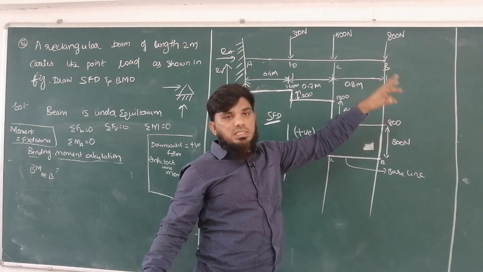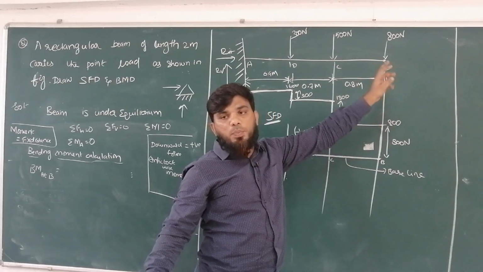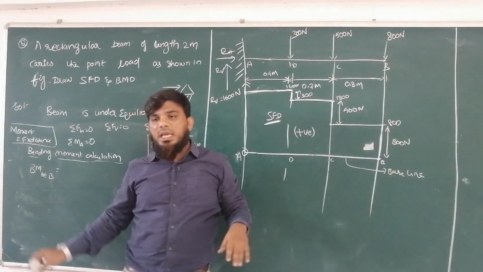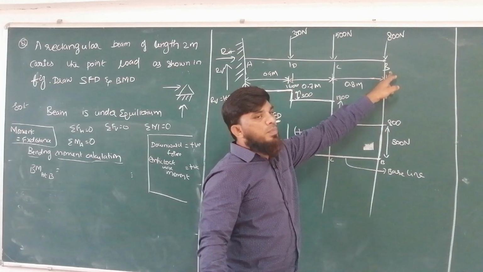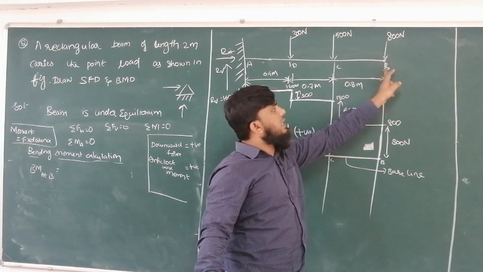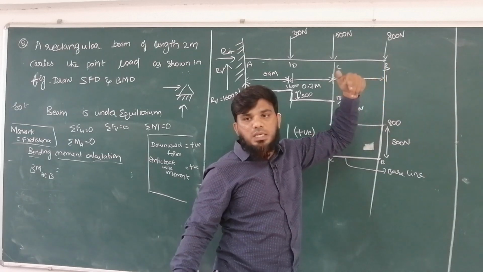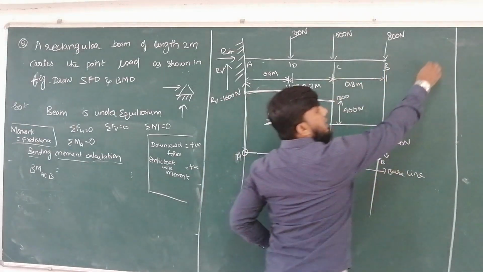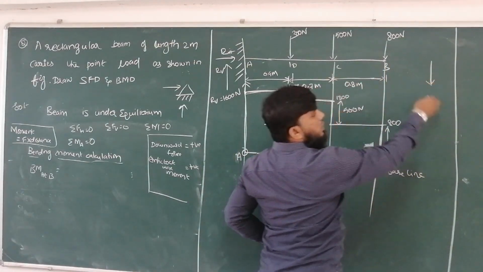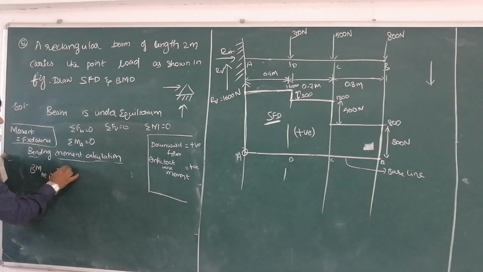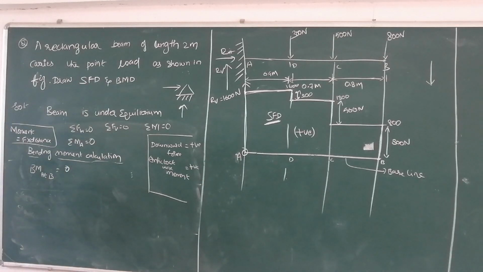Nothing but the distance between the force and the point at which we are taking the moment, that is point B. The force and this point are passing through the same line, so there is no perpendicular distance. So the moment here will be considered as 0.